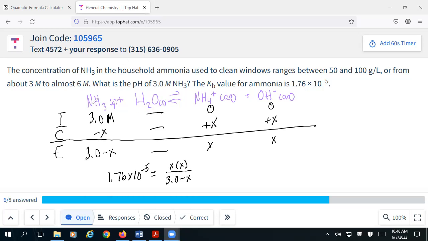So the reaction was this one that I gave you here in purple. Since water is a liquid, we are not going to be concerned with its concentration. So what it comes down to here is this. We've got x for our concentrations at equilibrium of the ammonium ion and the hydroxide ion, and we've got 3 minus x for the concentration of the ammonia.